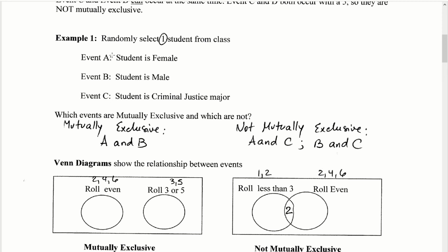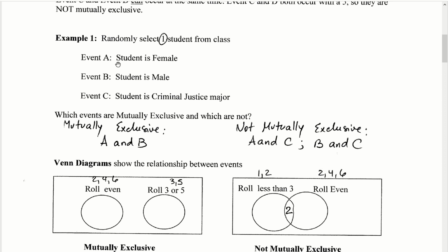For example, if we look at A and B, a student being female and a student being male, those could not happen at the same time. You'd fall into one of the two classifications, which means that those two would be mutually exclusive because they cannot occur at the same time.